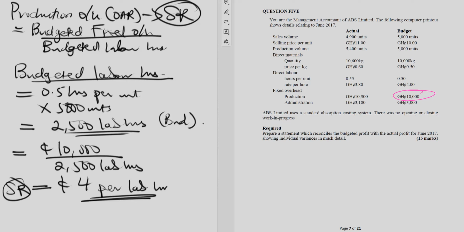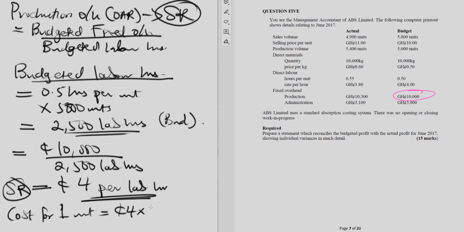But if this is for every labor hour, then what is the cost for 1 unit of a product? The cost for 1 unit is this 4 cedis times the labor hours per unit, because it says per labor hour. So how many labor hours were expected per unit?